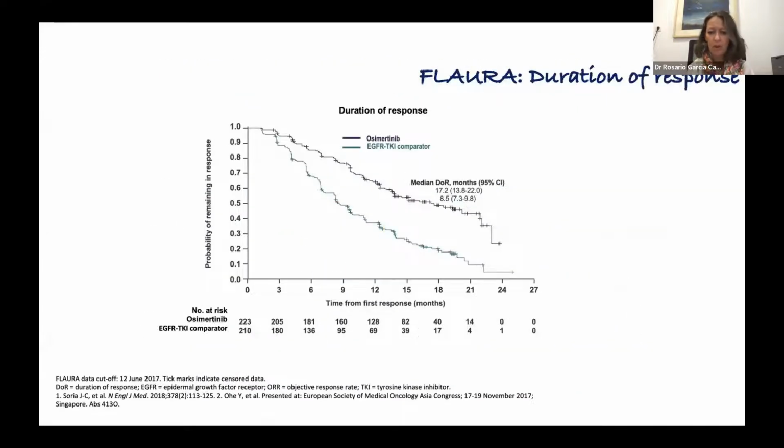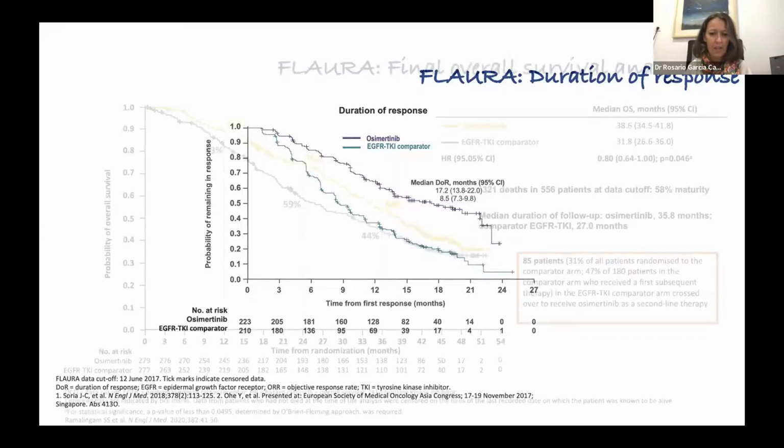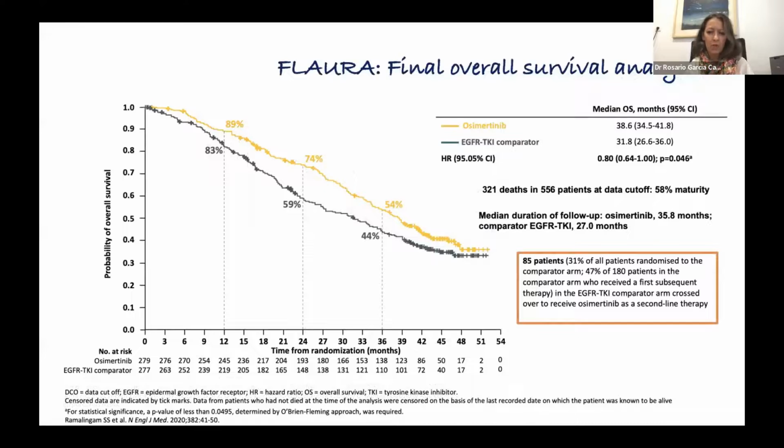Duration of response is also important. It's not only that patients achieve responses, but how relevant the response is, the quality of that response. The duration of that response, the difference is really significant. And looking at survival and taking into account the crossover, I think the data is really positive.